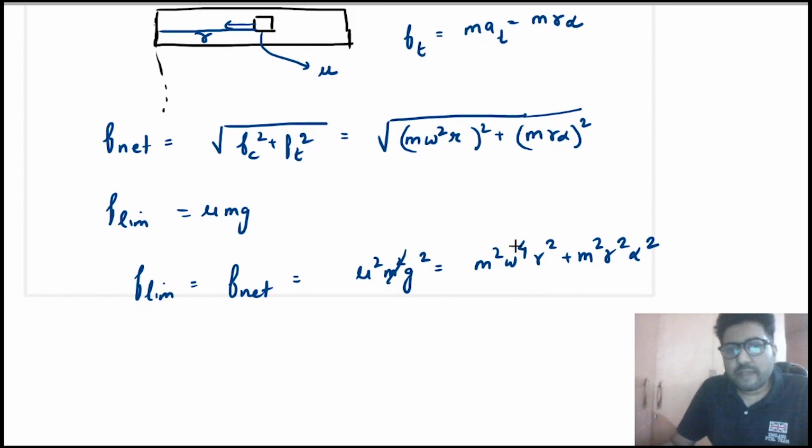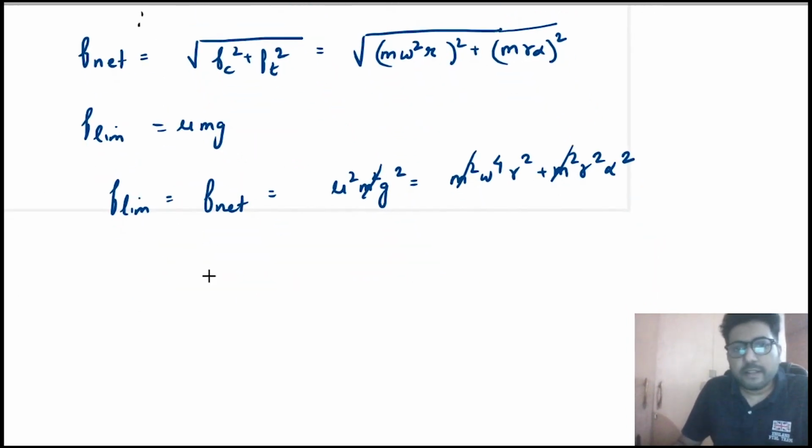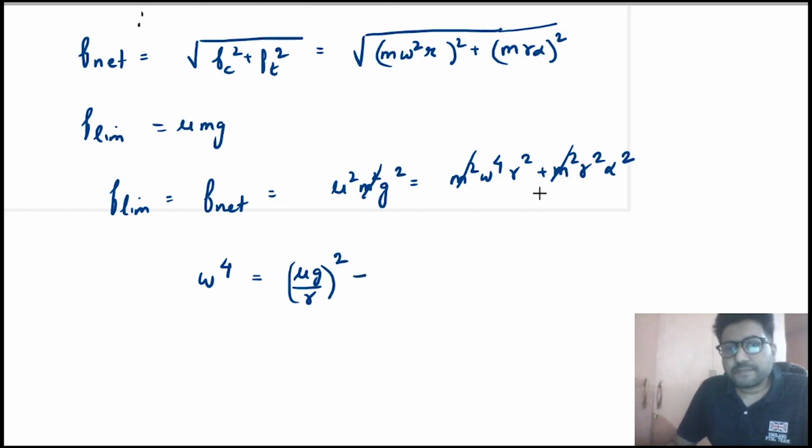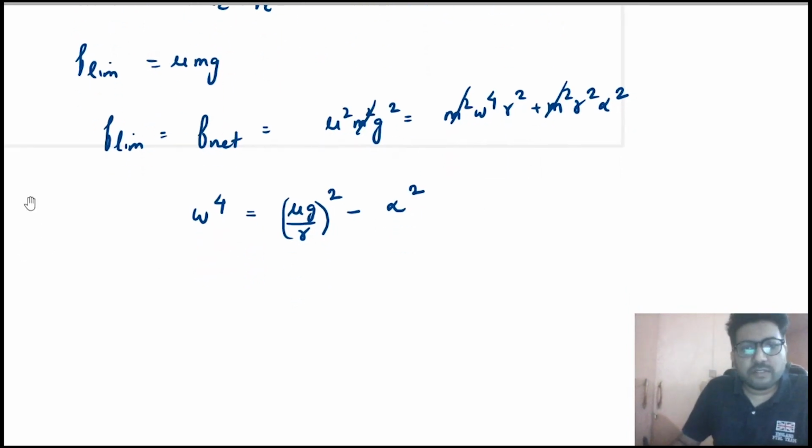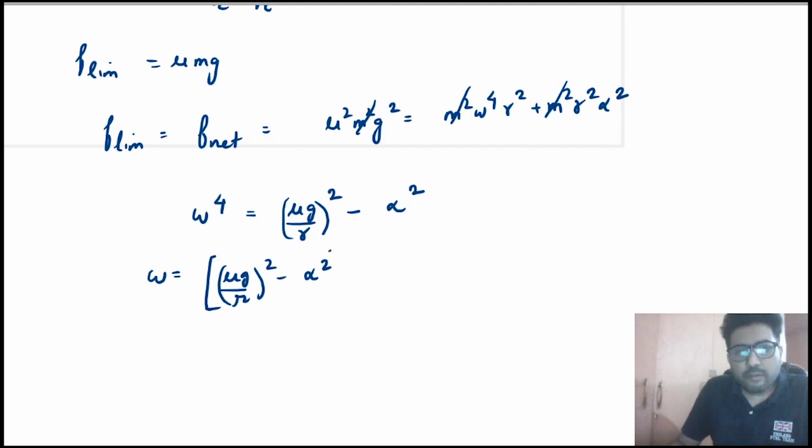From this m square will get cancelled out and from this you will get the value of omega. So you will get omega power 4 is equal to mu g by r whole square minus alpha square. So from this you will get omega is equal to mu g by r whole square minus alpha square whole power 1 by 4.